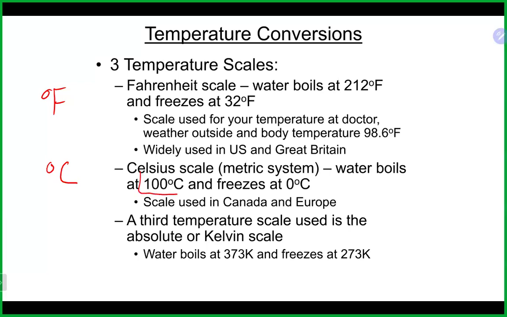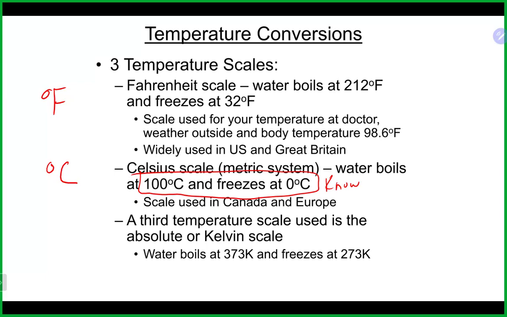For water, those two numbers are definitely numbers that you should know, because they are used a lot in chemistry as standards for the boiling point and freezing point of water, which are 100 degrees and 0 degrees. Now, the last temperature scale is one you might not be too familiar with.